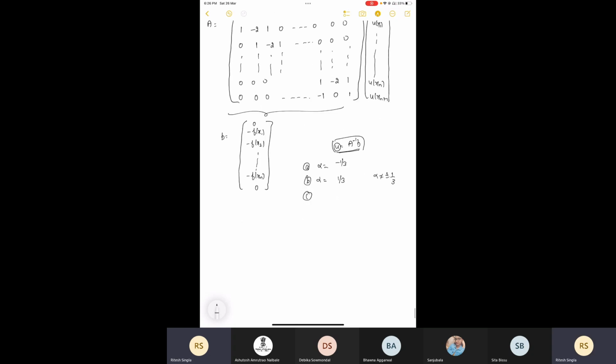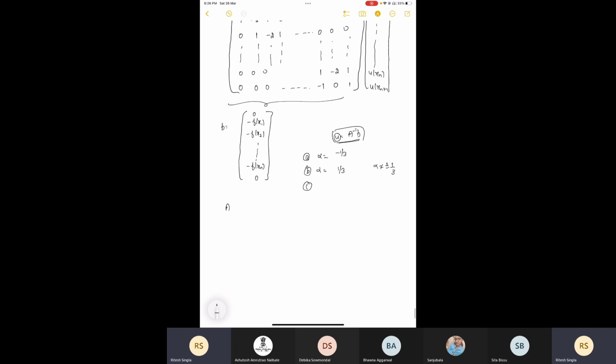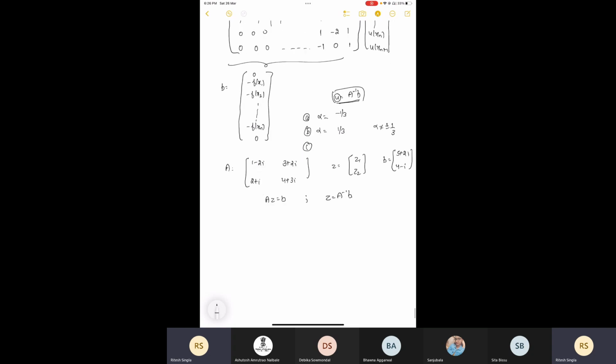See, one thing is you can solve it by this, right? A is equal to 1 minus 2 iota, 3 plus 2 iota, 2 plus iota, 4 plus 3 iota, and then z is equal to z1, z2, and b is equal to 5 plus 2 iota and 4 minus iota. So you will do A z is equal to b, and z is equal to A inverse b. This is one way.